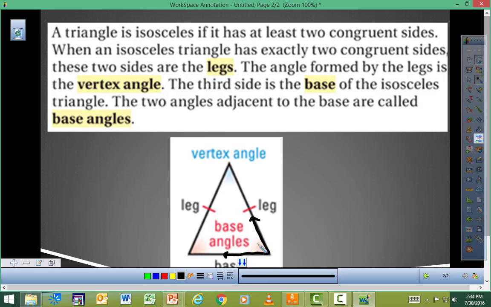The side that it does not touch, which is this one over here, is the opposite side. That's the opposite side. We'll abbreviate it like that, opposite. And we'll use this in chapter 7, so you may as well learn it now.